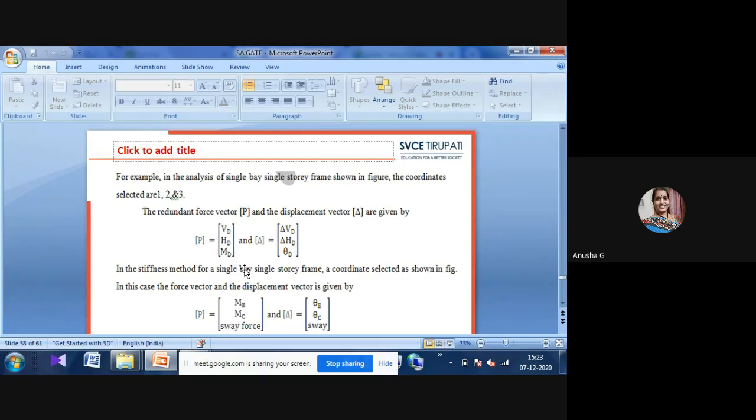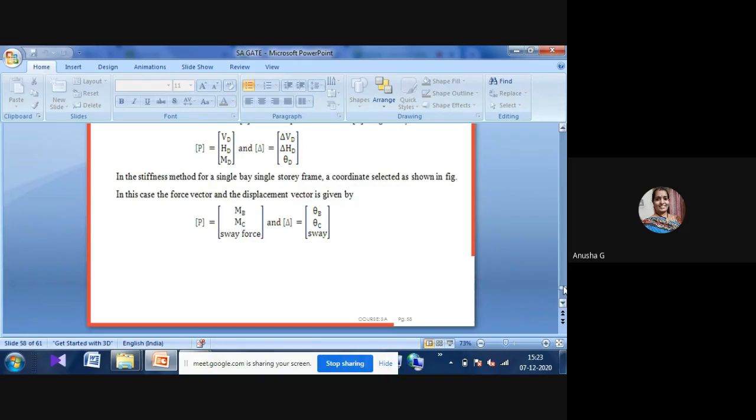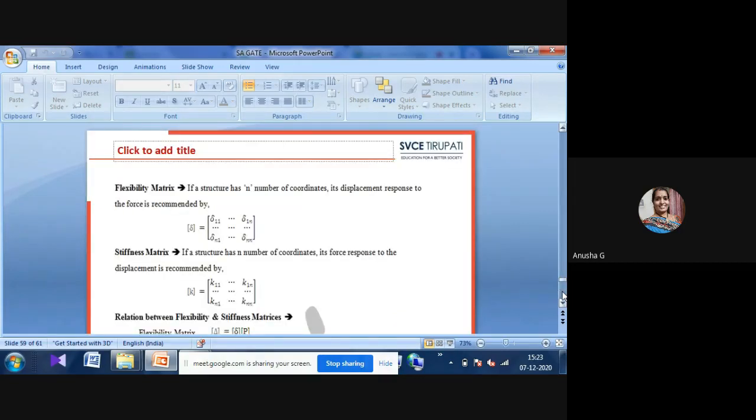If it is a single bay single story coordinated structure, there will be movements at different points wherever the sway forces and joints are, A, B, C like that. And then due to the slopes also we are considering here. If you observe the stiffness method and the flexibility method, the structure has n number of coordinates.